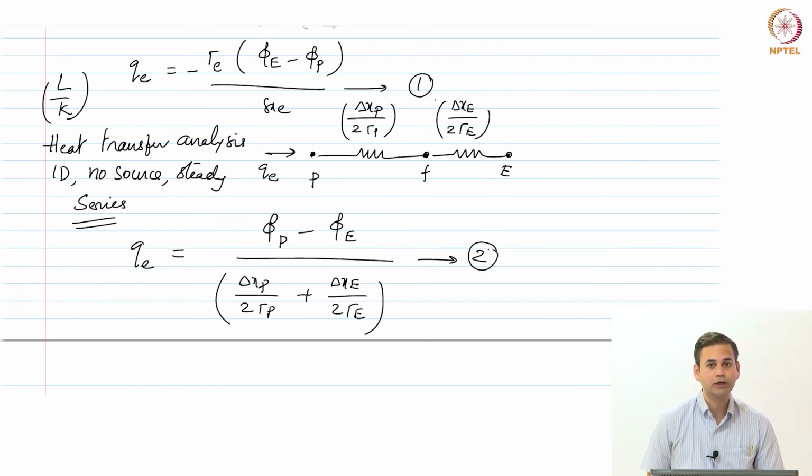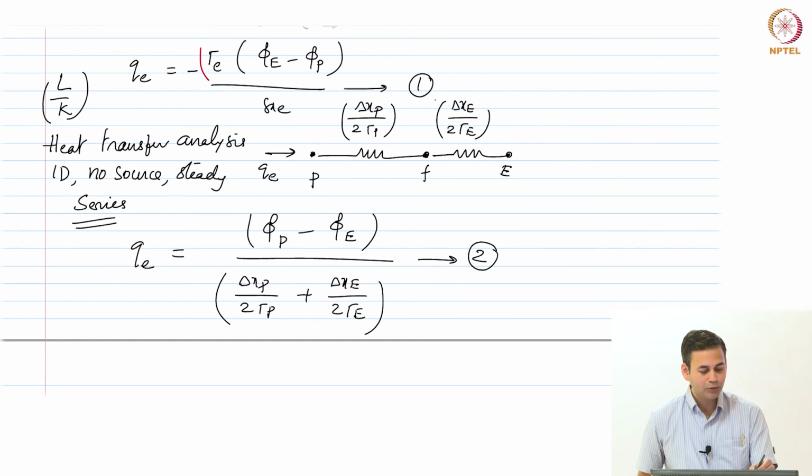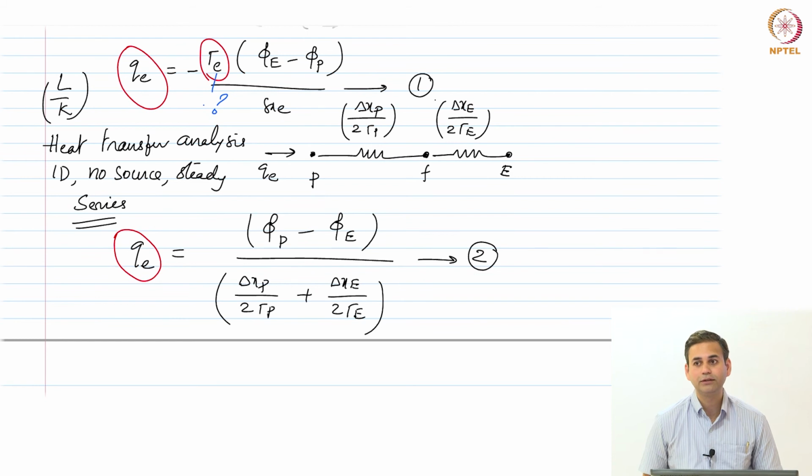Now, what do we want? This is the correct heat flux that has to pass through the phase QF. So, we want essentially to calculate now gamma E such that we get the same heat flux, right. So, we want to equate this QE equal to this QE, and then calculate what would be the corresponding gamma E. Then we would get the correct heat flux passing through the interface.